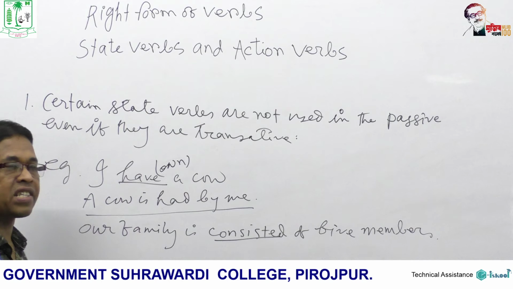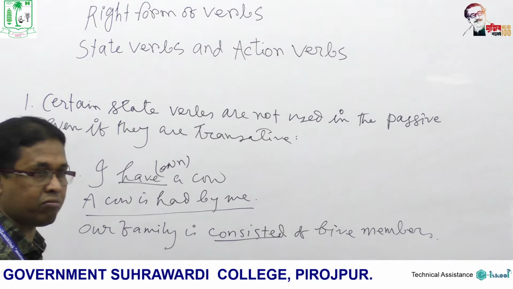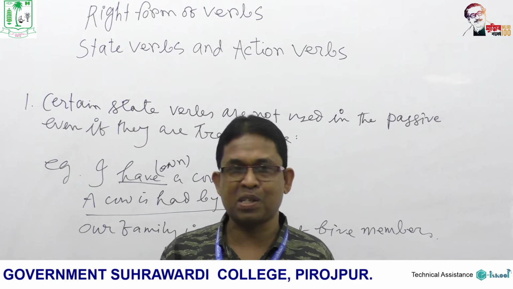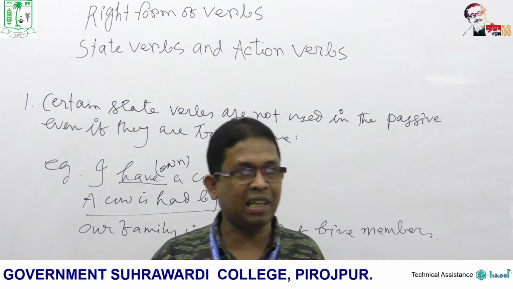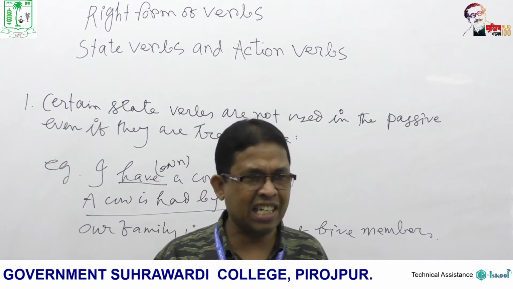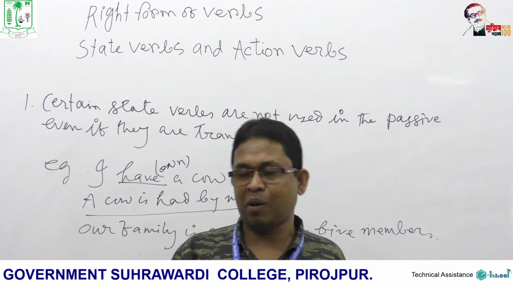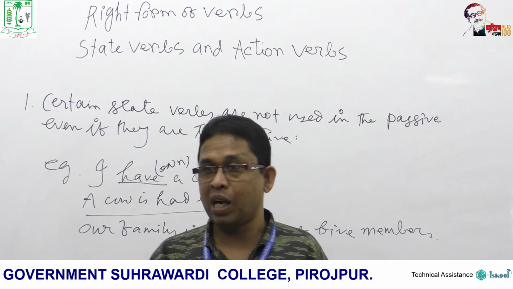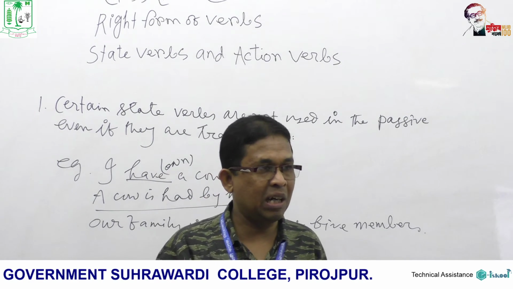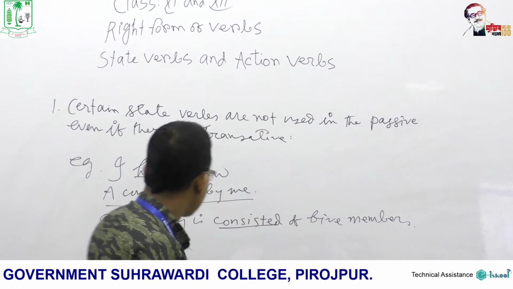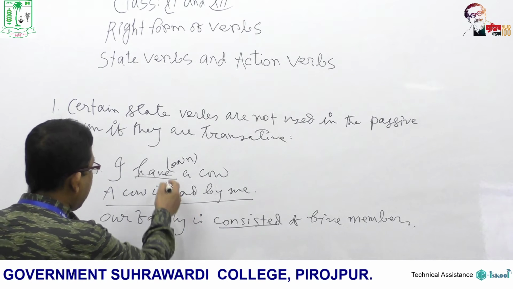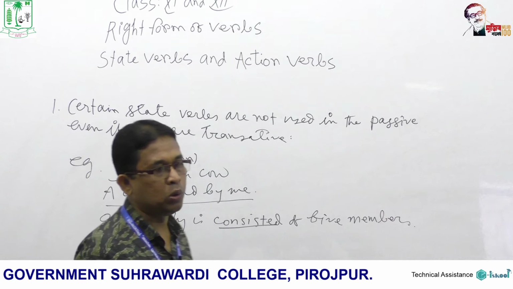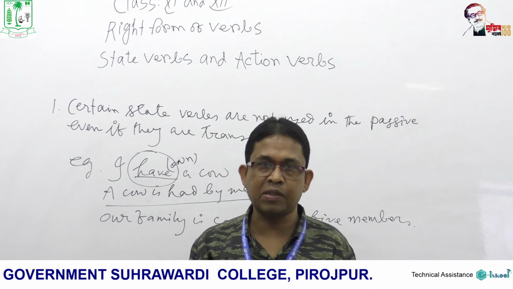So this is not a correct sentence semantically. In our day-to-day life, we tend to make this type of sentences, and sometimes we are tested on them. As this is a state verb, it cannot be used in a passive sentence.